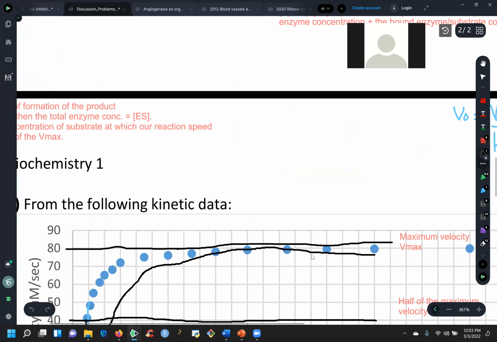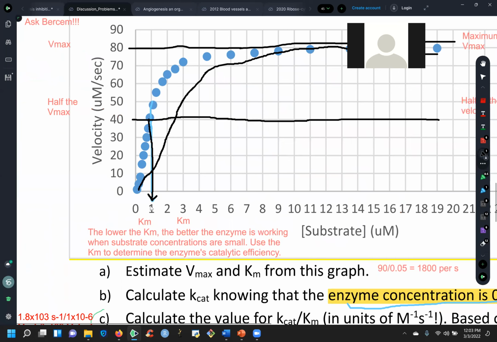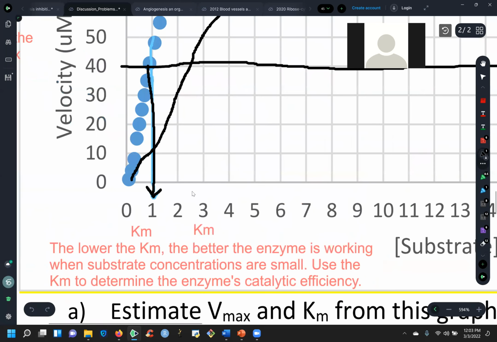And that makes sense because we talked about how the lower your Km, the more to the left you are, the higher your efficiency, because that enzyme only requires a tiny little bit of substrate to reach half of the maximum velocity. So lower Km equals higher Kcat, higher catalytic activity. So that's your pattern you've got to have memorized.